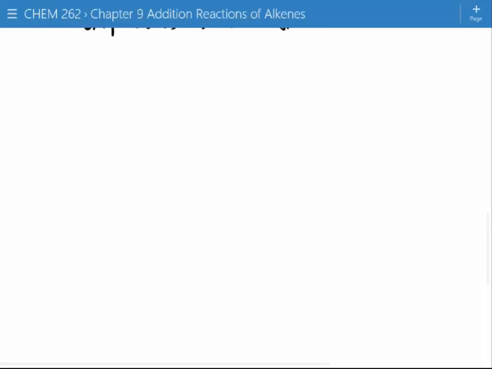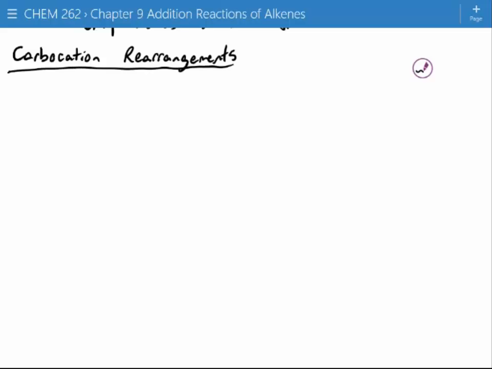All right, the other thing that we talked about briefly already was carbocation rearrangements. Because we know anytime we form a carbocation, there tends to be this possibility that things will rearrange to form a more stable carbocation. So let's take an example here. So we've got our alkene. This time I'm not going to have it be with peroxides.